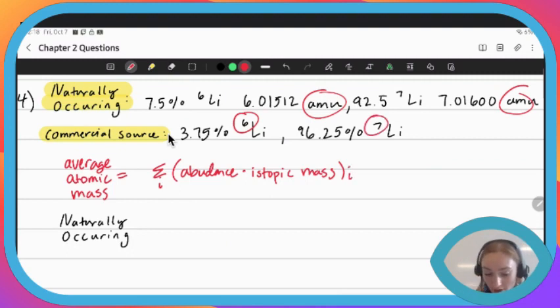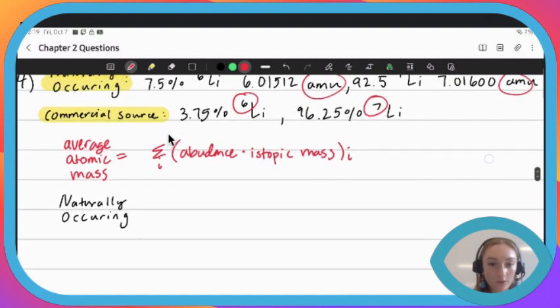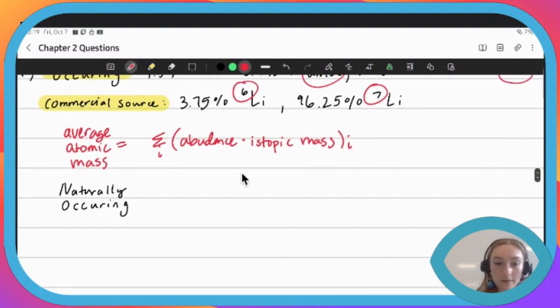So to figure out the naturally occurring, we have 7.5% of the lithium 6 isotope, as well as 92.5% of the lithium 7 isotope. To figure out the atomic mass, we will use the similar equation.